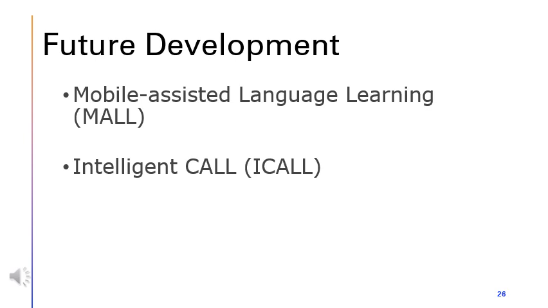This is what they call intelligent CALL, or iCALL. These AI assistants can be used to engage learners in extensive language practice or even deliver customized instructions as they understand the emotions and needs of learners. But this is still in the early stage, so we might see this in 5 to 10 years.